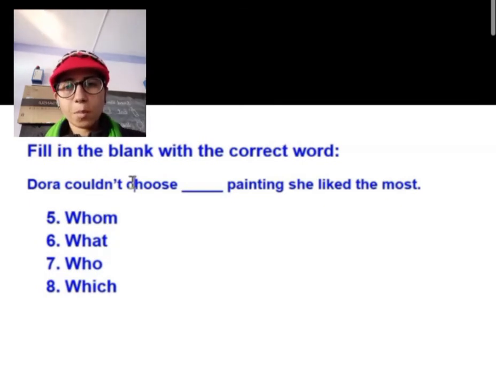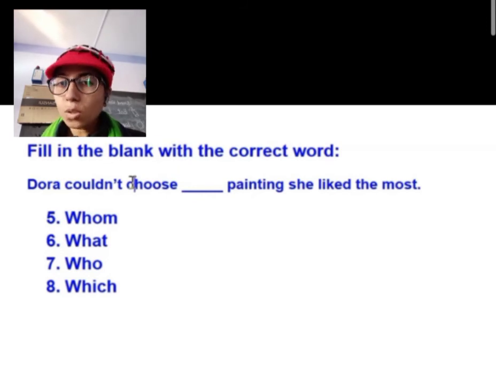Here we have an example to fill in the blank with the correct word. Dora couldn't choose blank painting she liked the most. And here we have the options whom, what, who, which. As you know very well that whom is used where we have to find the person on which the action is done to, and what is used for the multiple answers.